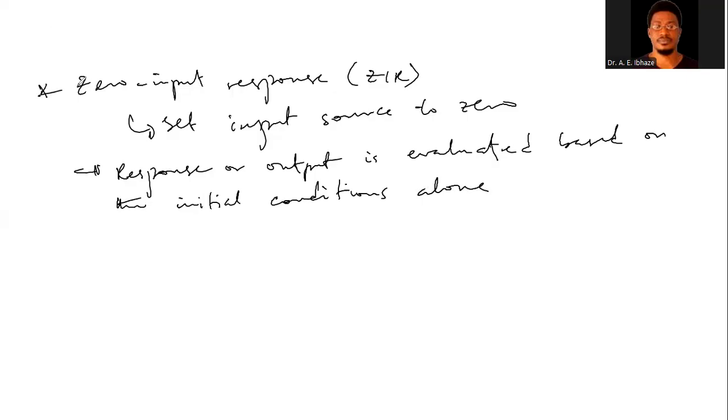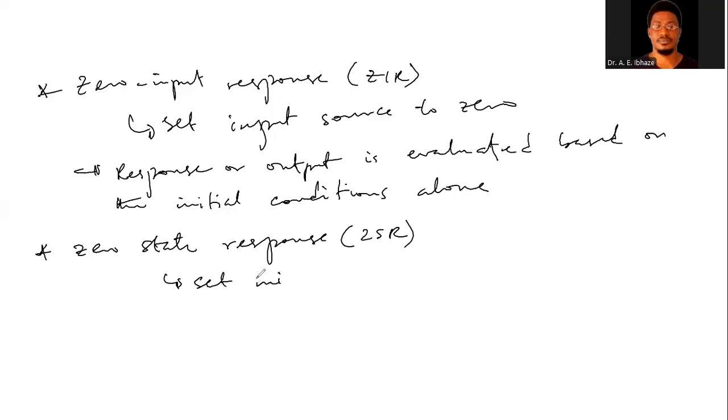Then afterwards, we attempt to evaluate the zero state response. And for us to do that, we want to set the initial conditions to 0. So the first thing to do here is to set the initial conditions to 0.